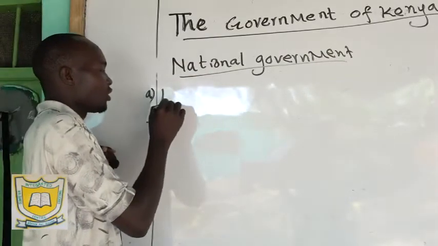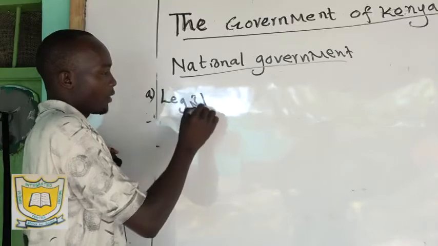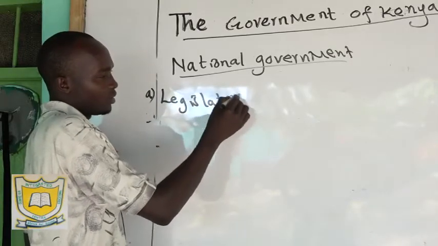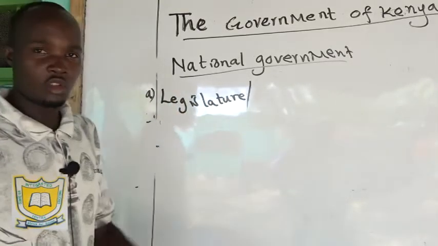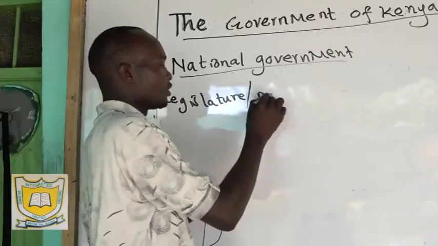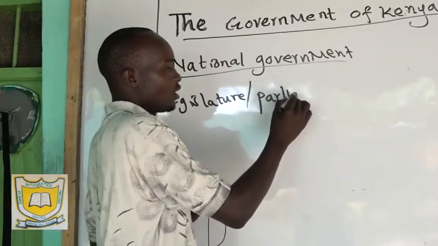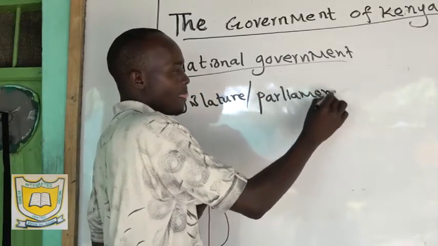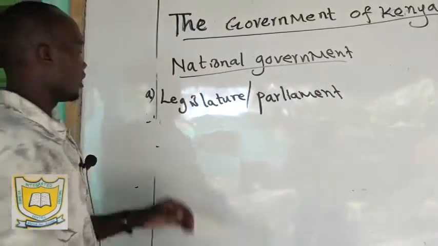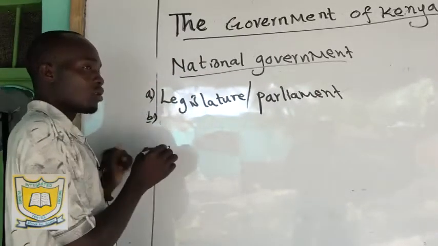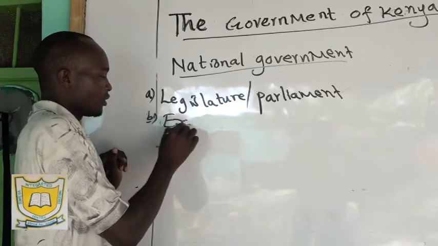A, we have what we call the legislature. Legislature is also called the parliament. Then B, we have what we call the executive.